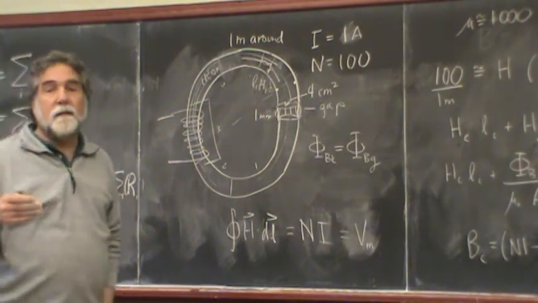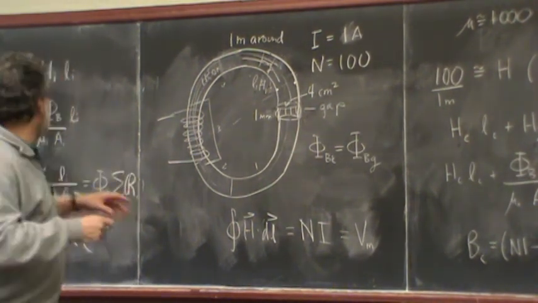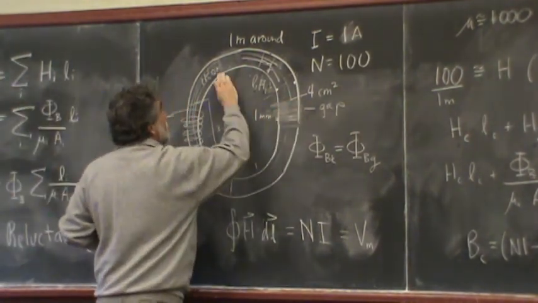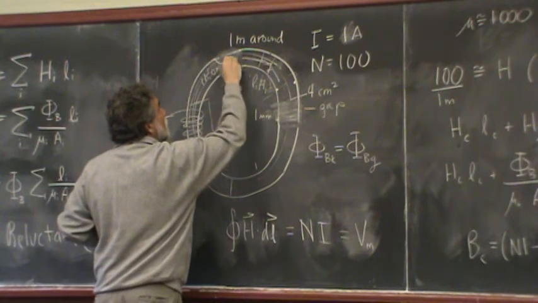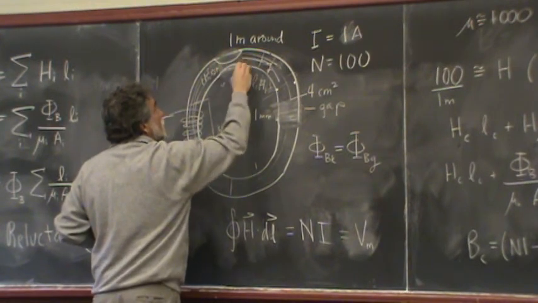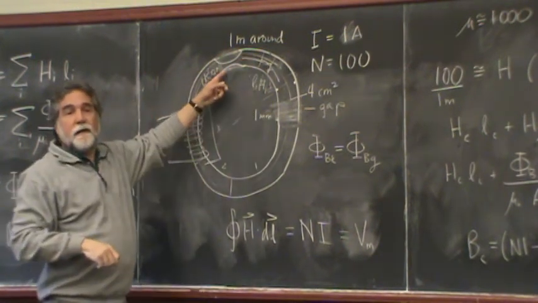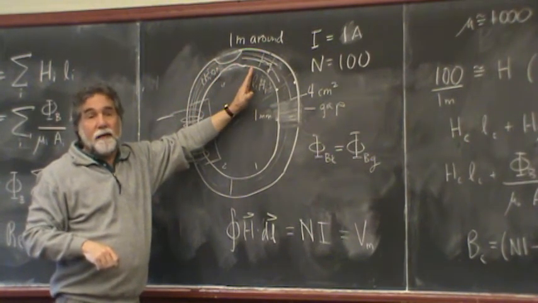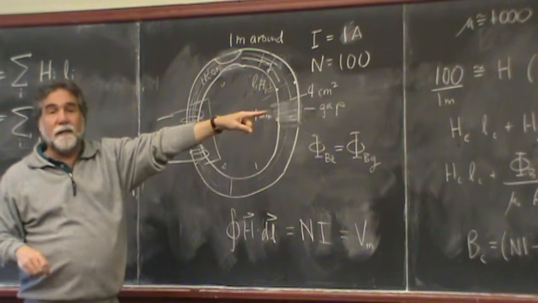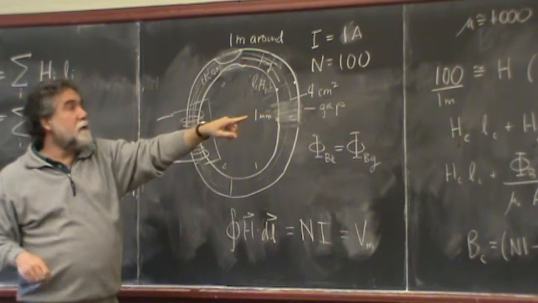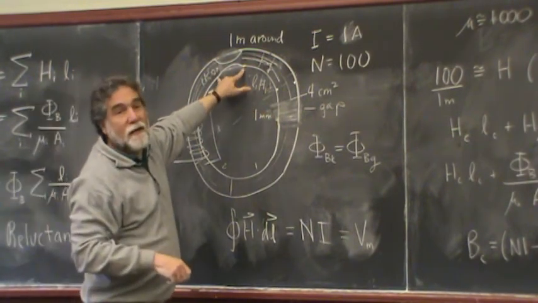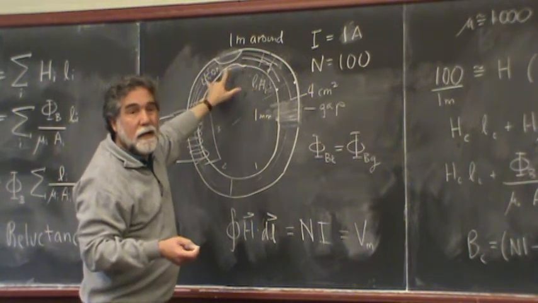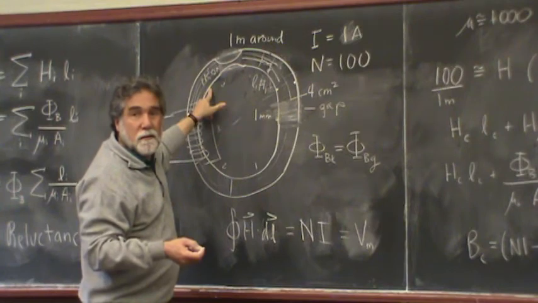If I had a structure that looked maybe more like this, got a narrow region in there, then I might have to actually integrate across the region. This can get really complicated. And if I have a nonlinear relationship over there, then I've got a certain reluctance in this region where I'm going to have a certain mu, and I'm going to have a different mu over here.